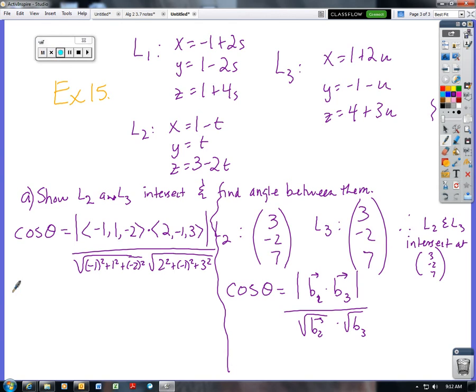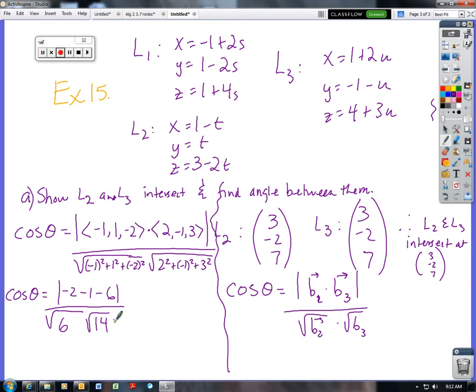And then we just do the math. So I'm going to have -2 minus 1 minus 6, over the square root of 1 plus 1, so 2 plus 4, and then 4 plus 1, which is 5, plus 9, which is 14.